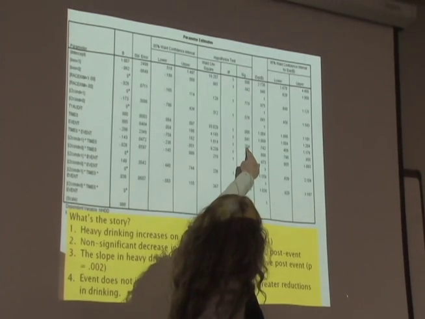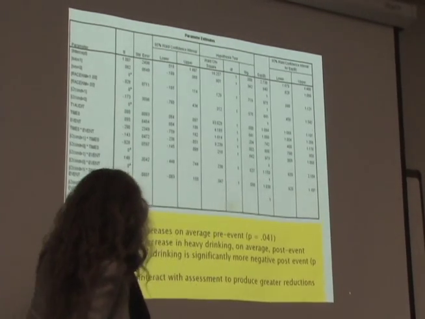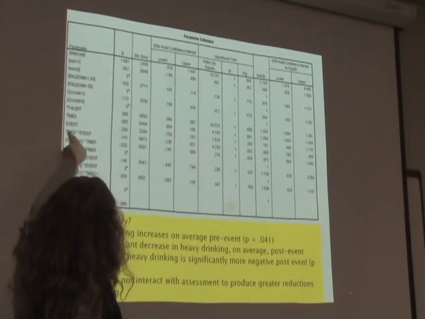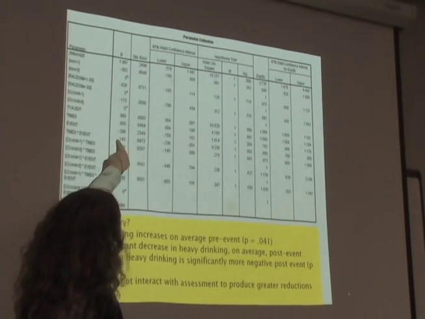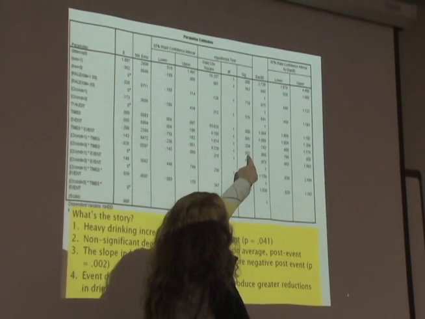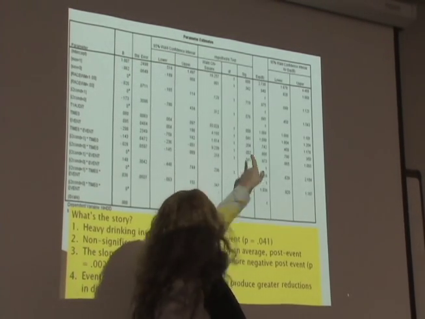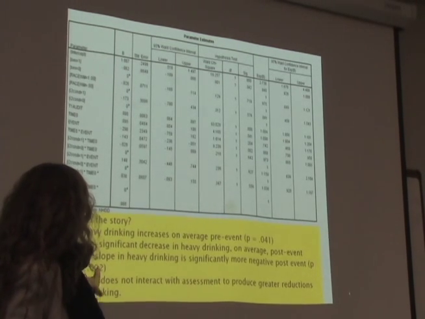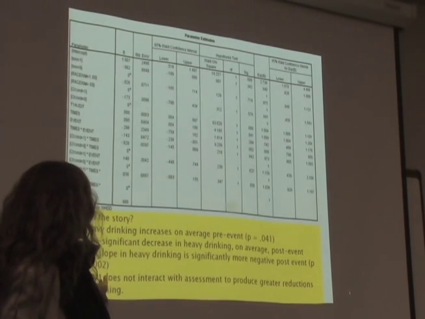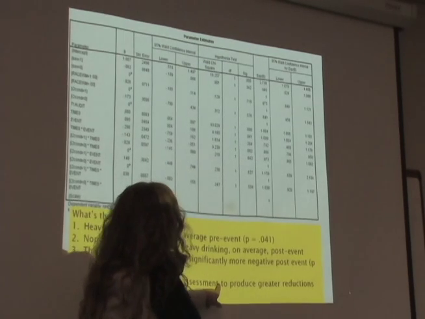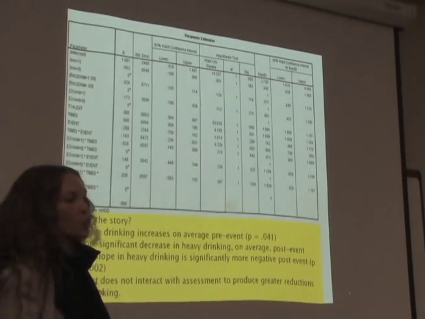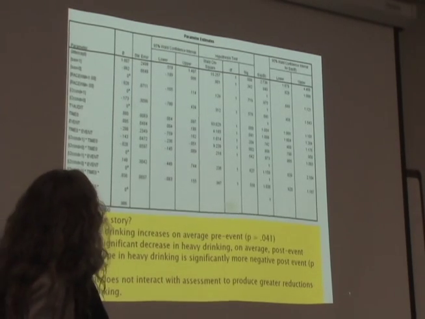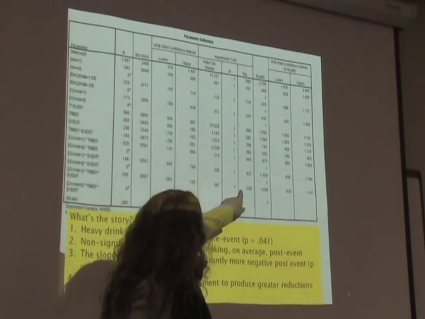Actually here, the slope in heavy drinking is significantly more negative post-event, and so that's our time by event. So we've got a negative coefficient that's statistically significant. Okay? So they're reducing their drinking post-event, but event is not interacting with assessment to produce greater reductions in drinking. So they're not reacting to the assessment here.